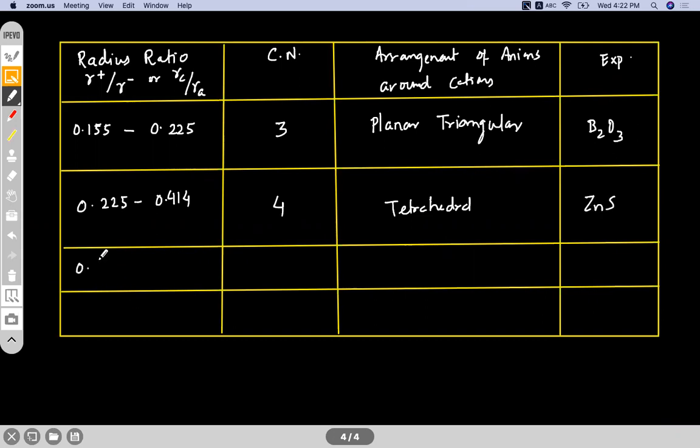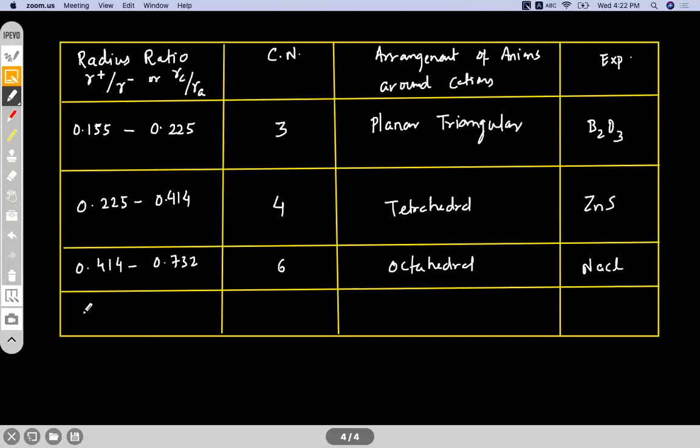If it is from 0.414 to 0.732, coordination number is 6. Arrangement is octahedral. These two are the important ones, tetrahedral and octahedral. NaCl is the example.